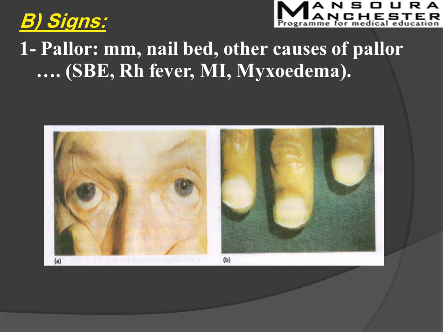Now we go to the signs of anemia, which is basically pallor, which may be due to anemic cause, and we have also non-anemic cause. Pallor is usually elicited in the palm and the palmar creases, in the palpebral conjunctiva, in the nail bed, and the inner surface of the lips.